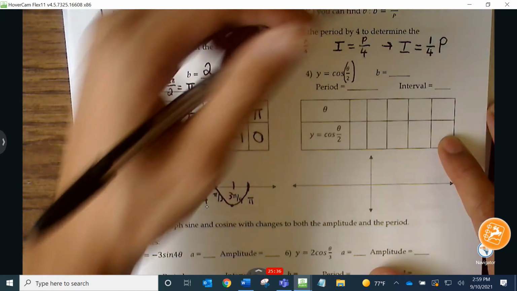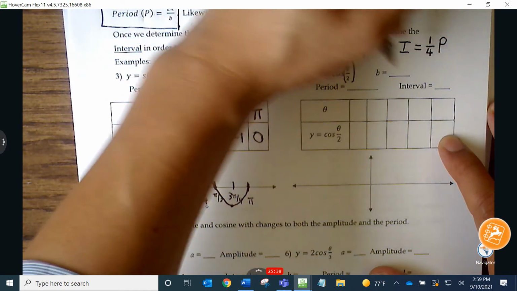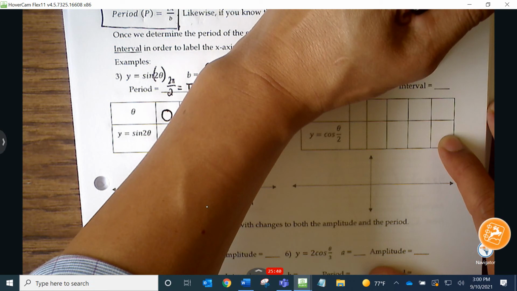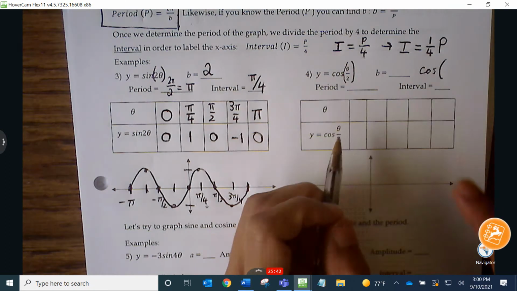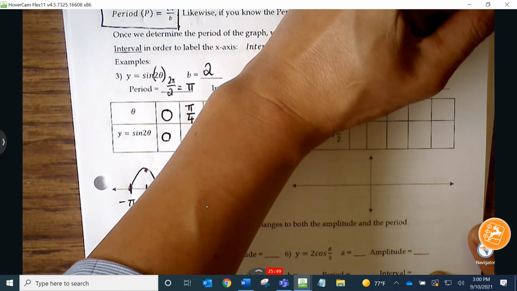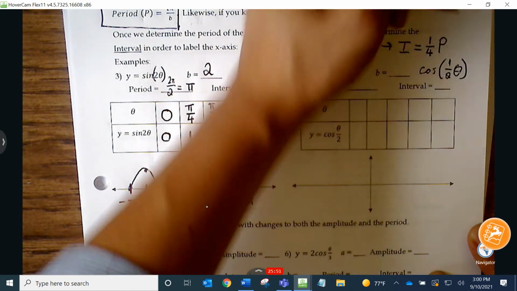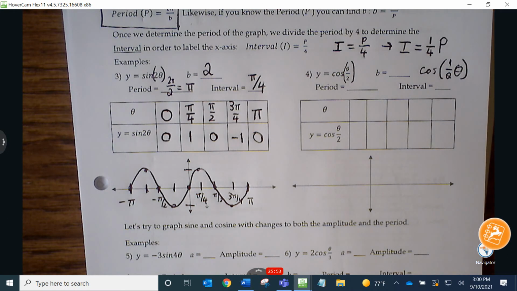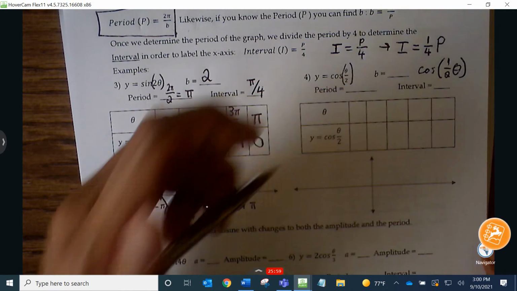Now, what you can do is, if you see a fraction, maybe it helps to rewrite it into a form that's more familiar. We can push that 2 out in front as a what? As a 1/2. So if you push a denominator out in front as 1/2, maybe that's more familiar because then you can see that b value clearly in front of theta. Okay, so we let our b value be 1/2.